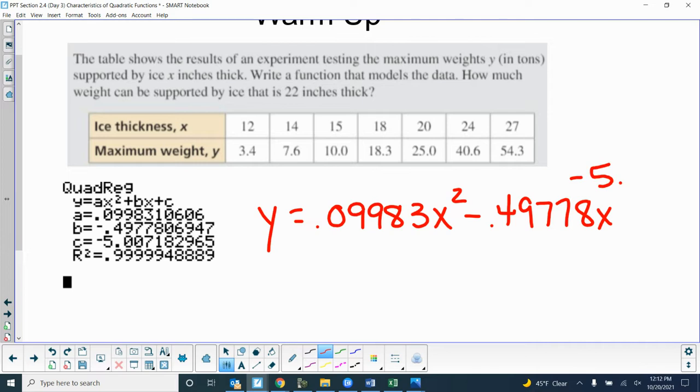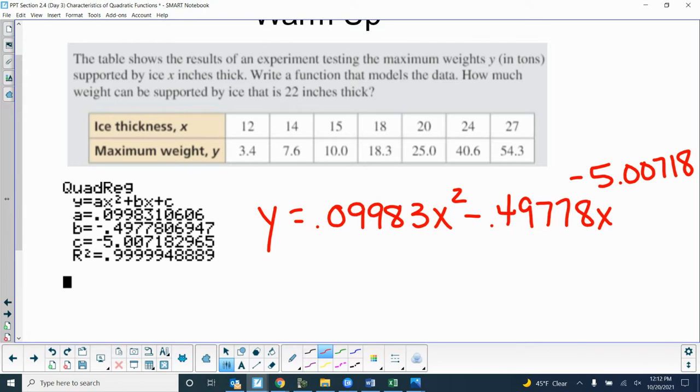Minus 5.00718. Okay? So we need to go further on these quadratics than we did on the linear ones. So let's go like 4 to 5 decimal places. Let's go 5 just to go from there. So then we'll be more accurate when we answer the question.